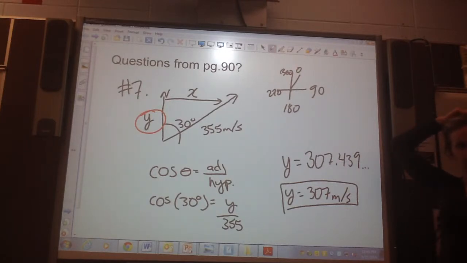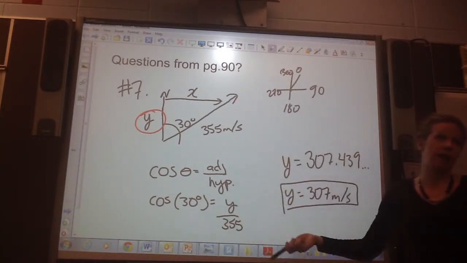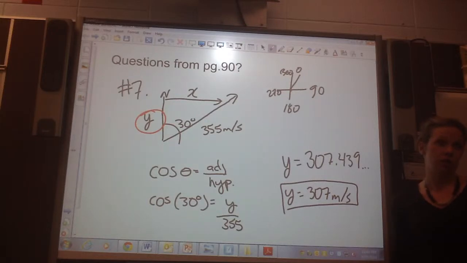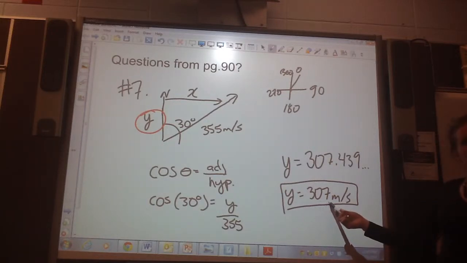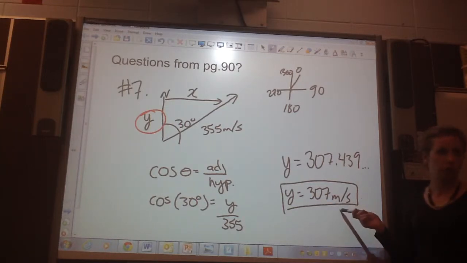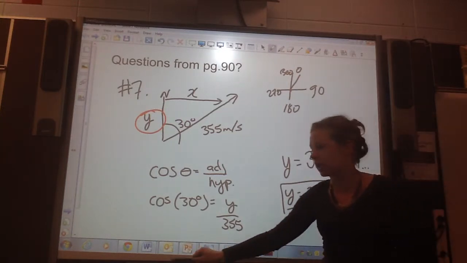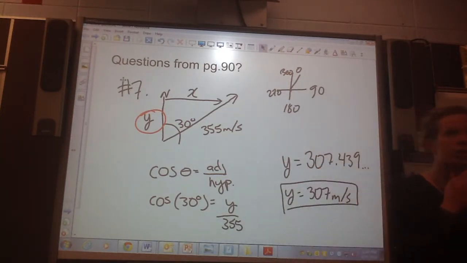If it wrote it differently, it would have said like 30 degrees east of north, and that would still be the same vector. If you did have to put a direction on here, it would just be 307 meters per second north, because the vector is just going north, right? That's the only direction that that vertical vector is going. But it only asks for magnitude.